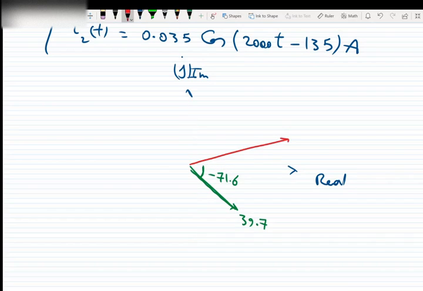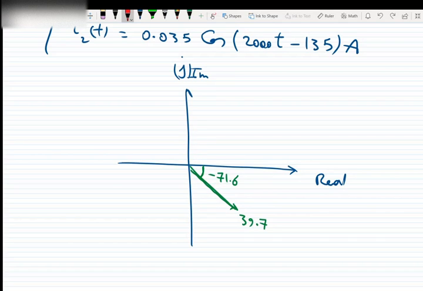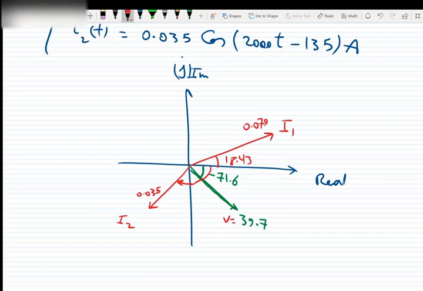I1 is here, with an amplitude of 0.079 and the angle of 18.43, and I2 is here with the amplitude of 0.035 and angle of negative 135.